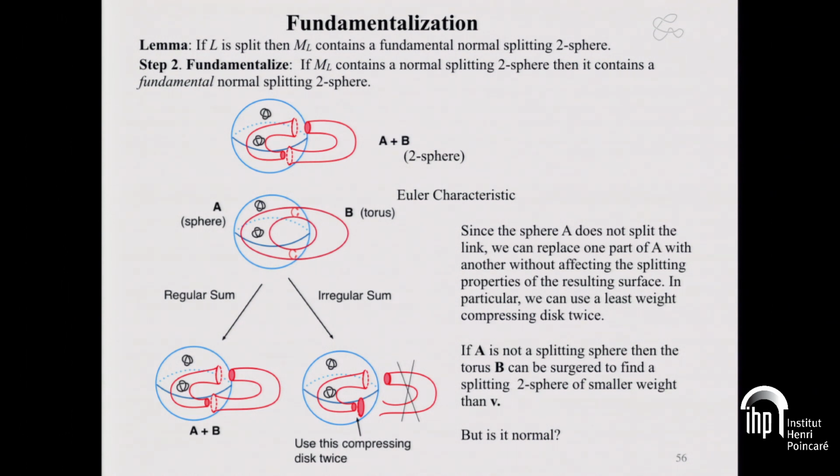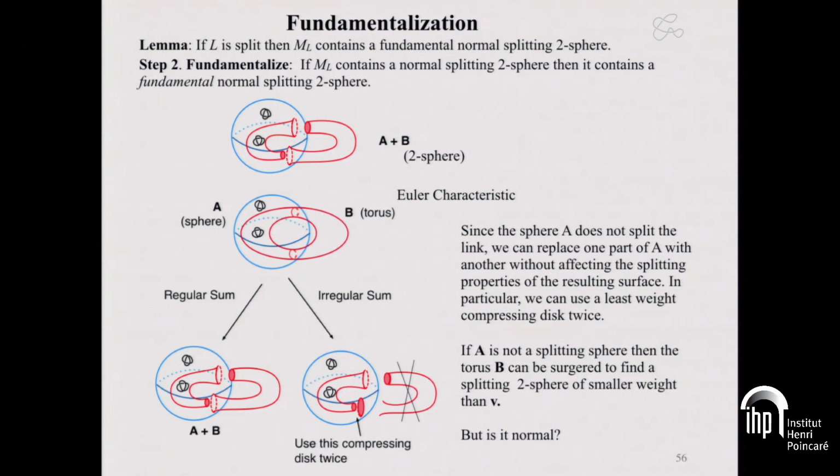We're looking for a splitting two-sphere, so we can't use B. So it looks like we're stuck, but there's an operation you can do using the fact that these curves of intersection must all be non-trivial on the torus because, remember, they were non-separating. They can't separate on both surfaces, and they separate on the two-sphere, so they must be non-trivial intersection curves on the torus, meridians.